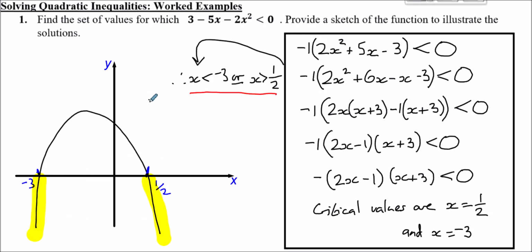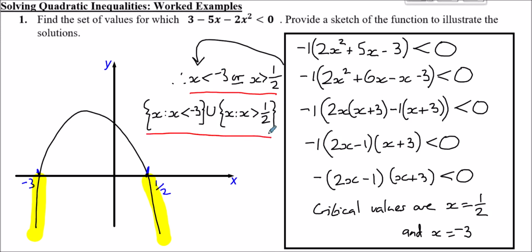So we could say that we could have x such that x is less than -3, or, so the union symbol, we could have x such that x is greater than 1/2. So this standard form is absolutely fine. I'm not asking you to do set notation here, but just to show you what set notation would have looked like, that's what it would have been in set notation.